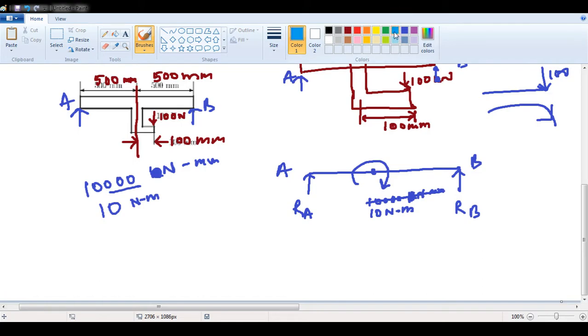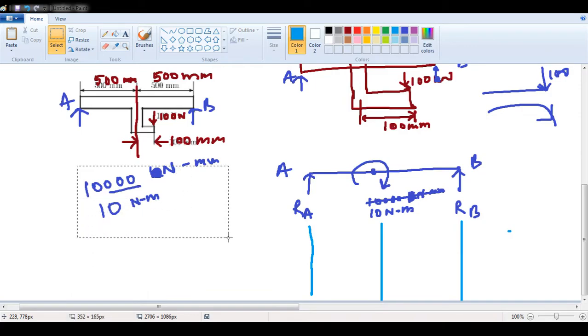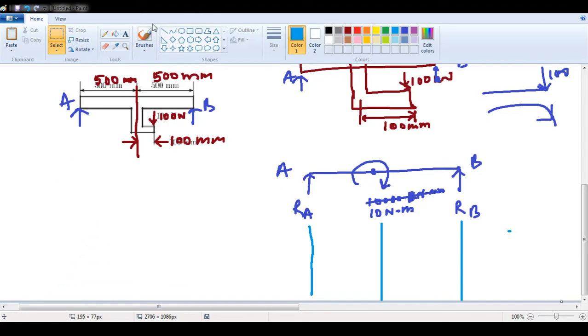But before making the shear force and bending moment diagram, we are only concerned about the bending moment, so I'll only focus on that. Before that, we'll find the reactions.